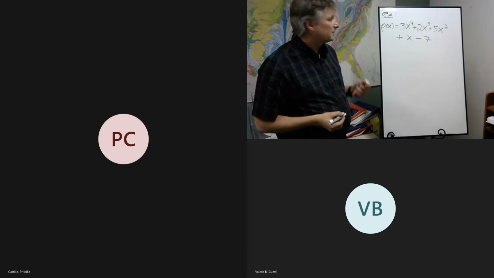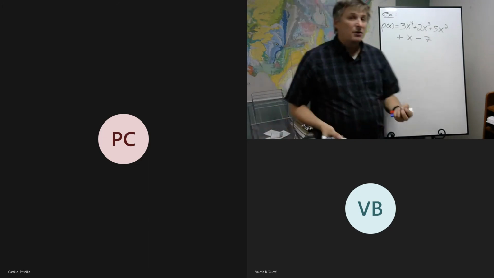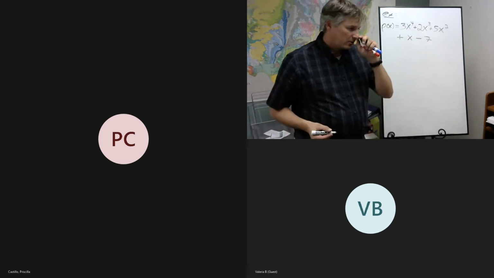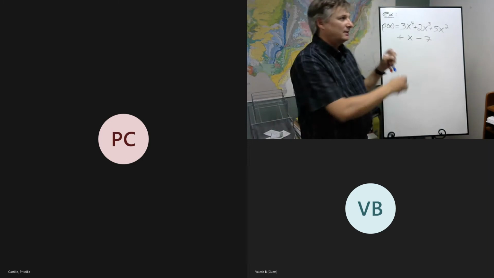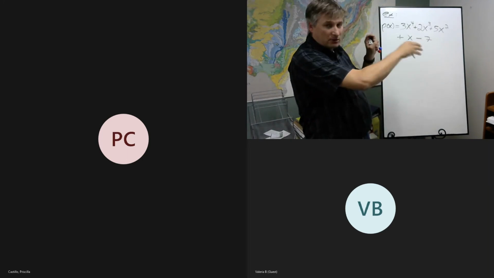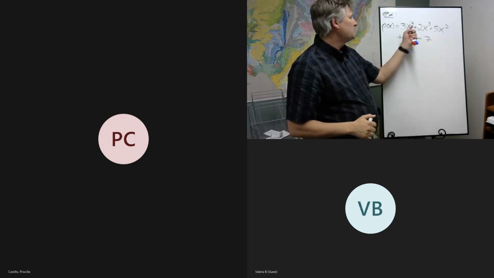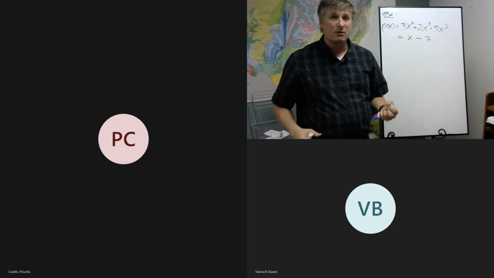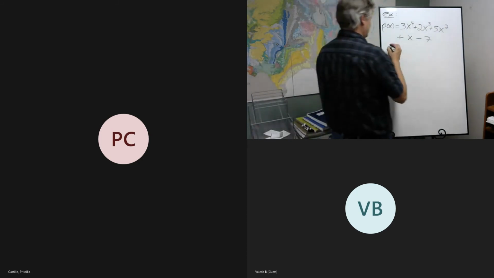Let's say we have something like this. This is what we call standard form, where the polynomial is written with the terms, one following the other, using the decreasing powers of the variable.